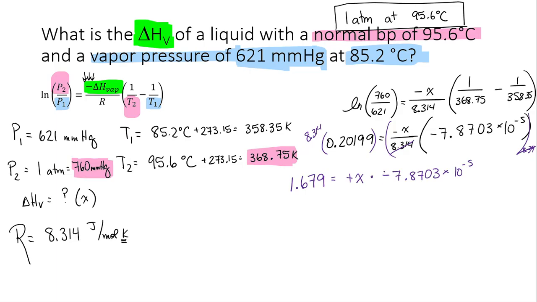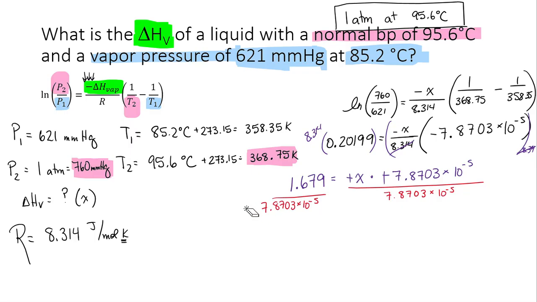Okay, so negative times a negative is a positive, and I'm just going to divide both sides by 7.8703 times 10 to the negative fifth. 1.679 divided by, that's not a negative.